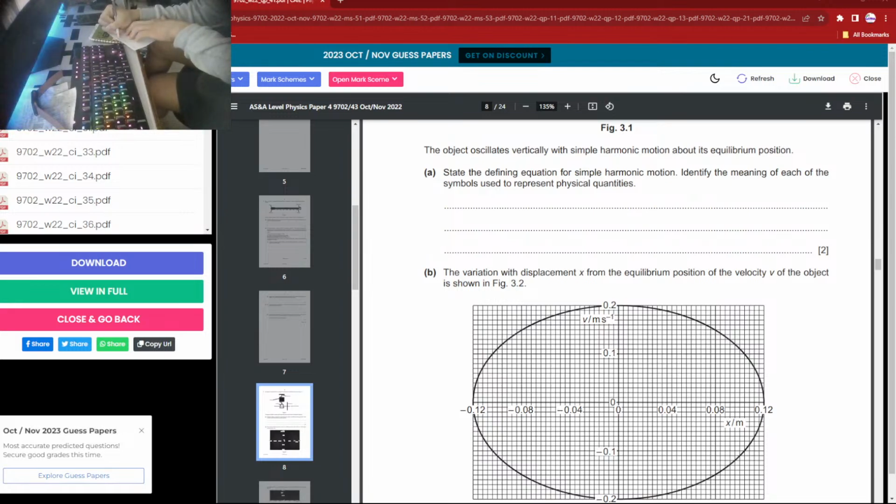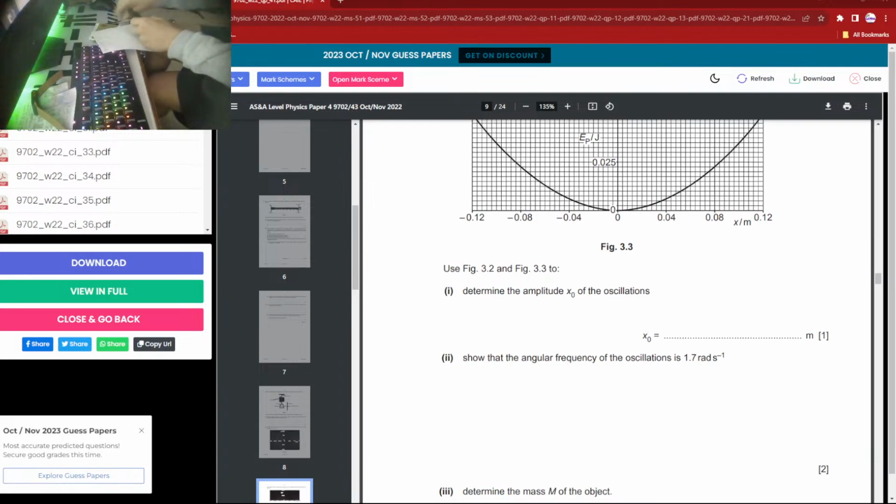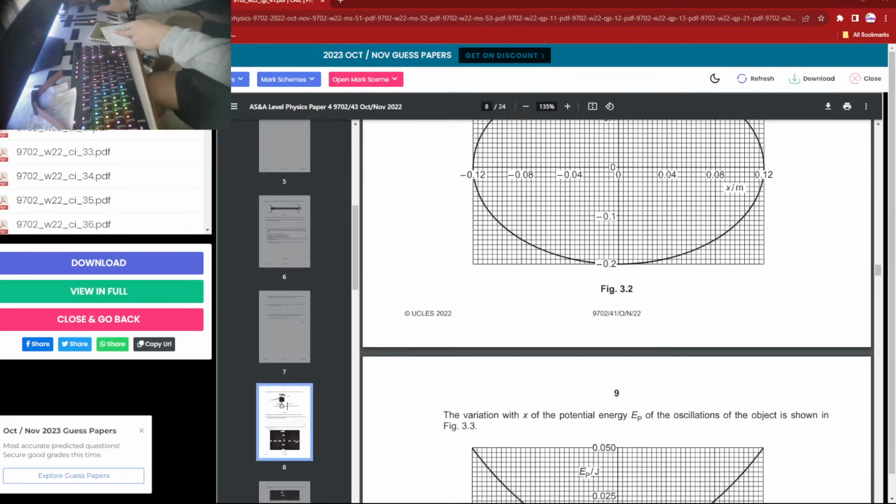So 0.2 over 0.12 is equal to angular velocity. That gives you 1.67, and therefore 1.7 radians per second.